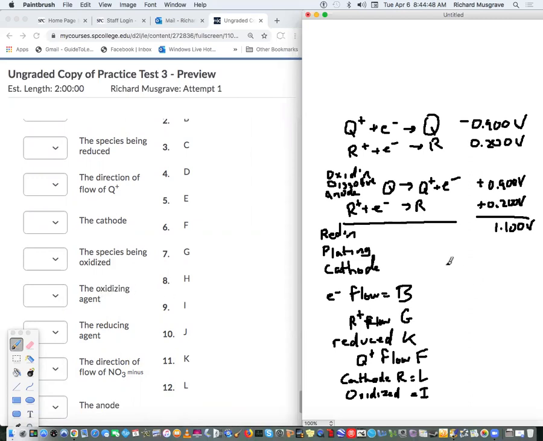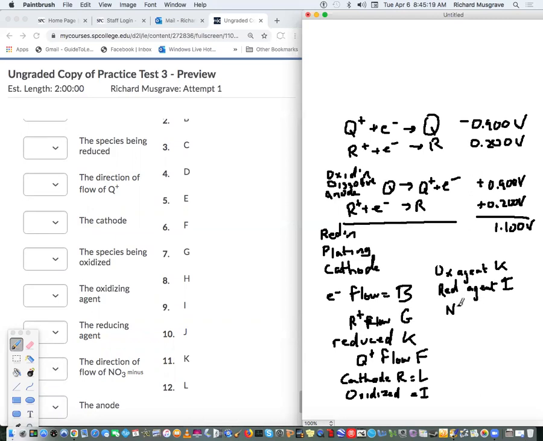So the oxidizing agent is K, and the reducing agent is going to be I. So they switch around. Does anybody have any questions?